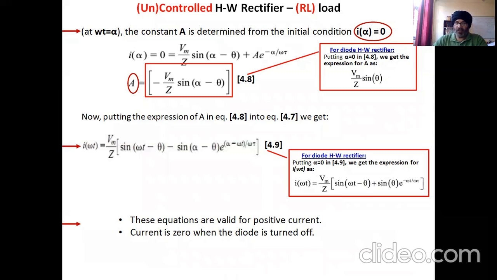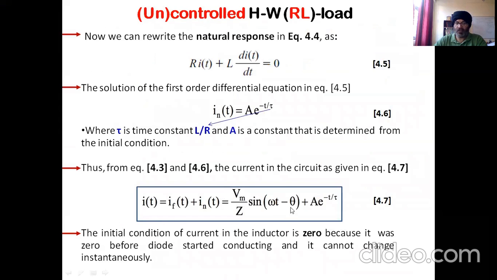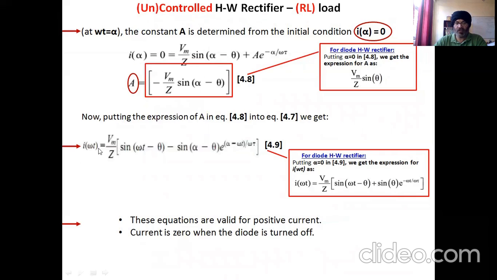Putting this as an initial condition, we can find the value of A, which is equation 4.8. So before angle alpha the current was 0, and taking that as the initial condition, we found the value of A. Now putting the expression of A in 4.7, we get this.